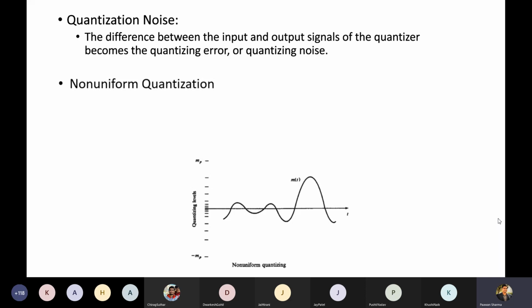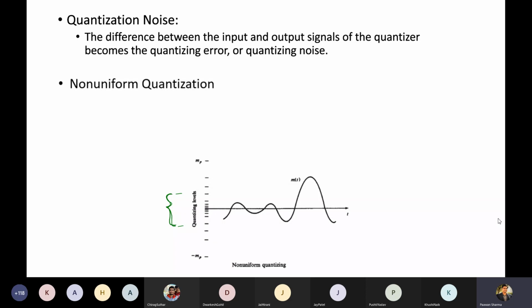It depends on the characteristics of the signal. Suppose your signal is such that the majority of the time, the amplitude value it takes lies in this range, so you devote more levels to it. Whereas you know that your signal seldom takes higher values. If you assign uniform step sizes to the entire signal, all those levels will be wasted, right?